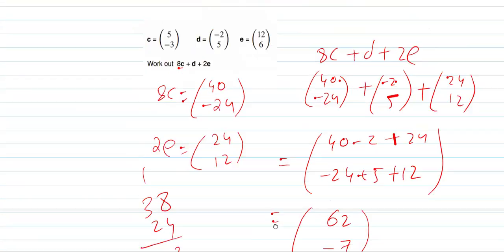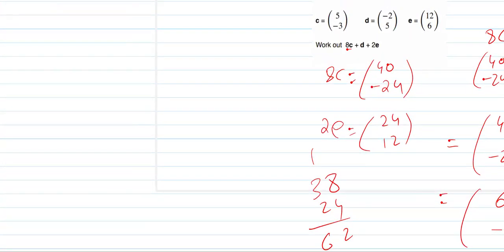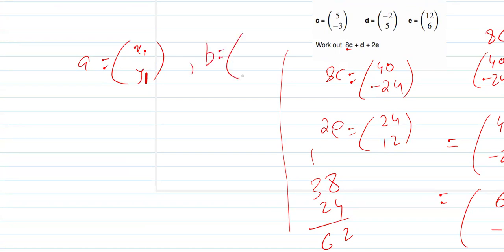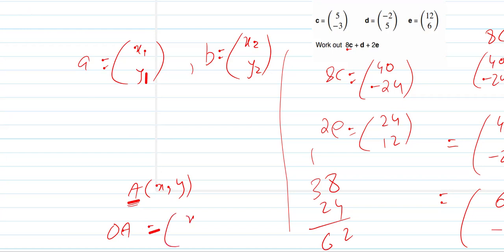So remember now, before I proceed forward, if you have two vectors, like vector A is x1, y1, vector B is x2, y2, the one that is on the top is called the x component. If A is at x, y and we write the position vector of that one in the form of a column vector, it is written as x, y, and the column vector will always start from the origin.